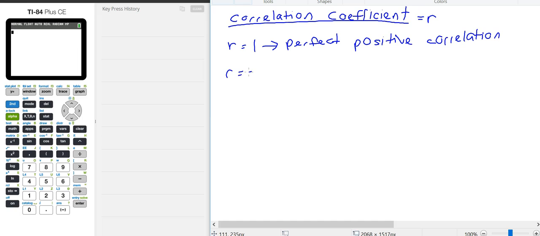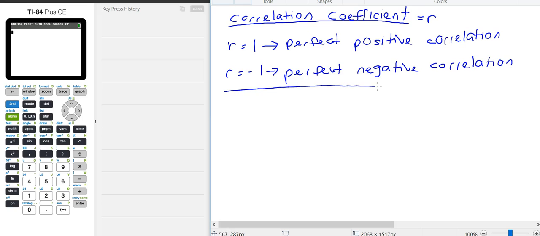If R is equal to -1, it also means that the line of best fit is a perfect fit, but in this case, there's an exact or a perfect negative correlation. If R is around 1, or let's say R is equal to 0.9 or 0.8, that means that there's a strong positive correlation between the variables.